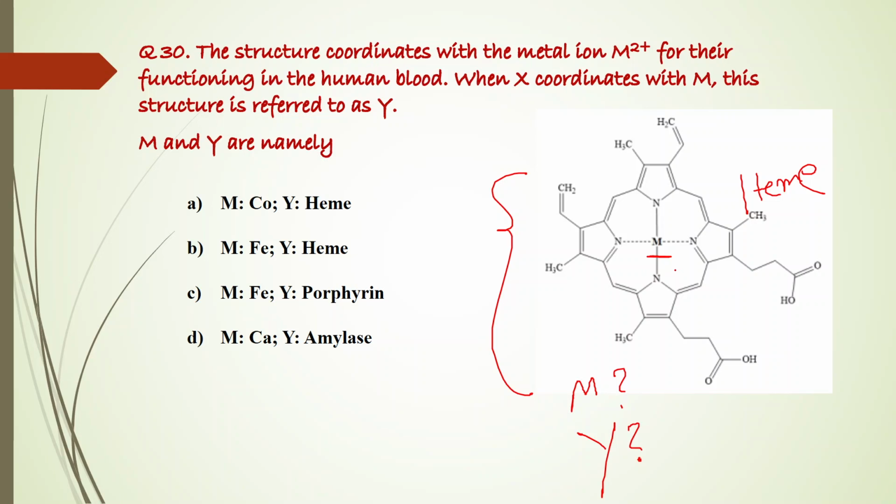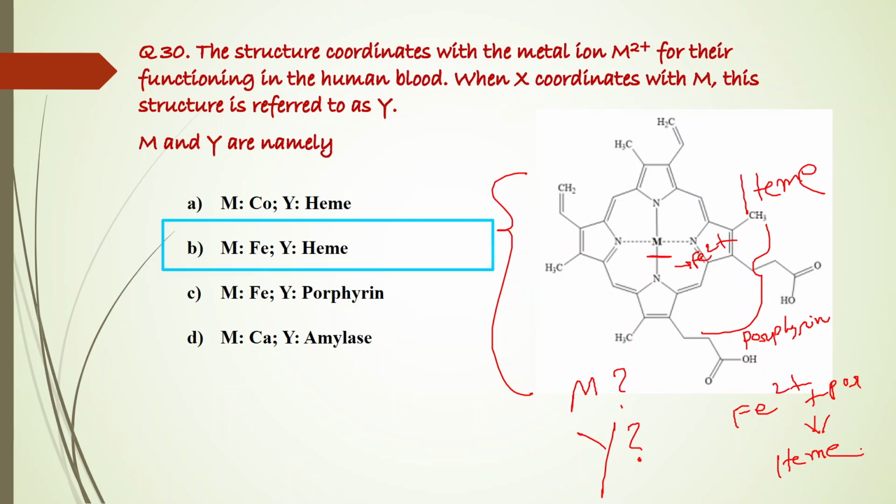So our metal is Fe2 plus, the external structure is porphyrin, and whenever you add Fe2 plus with porphyrin, you get your heme molecule. So the correct option is M is Fe, X is porphyrin, and overall Y is heme. Okay, I think this is the last one from this.